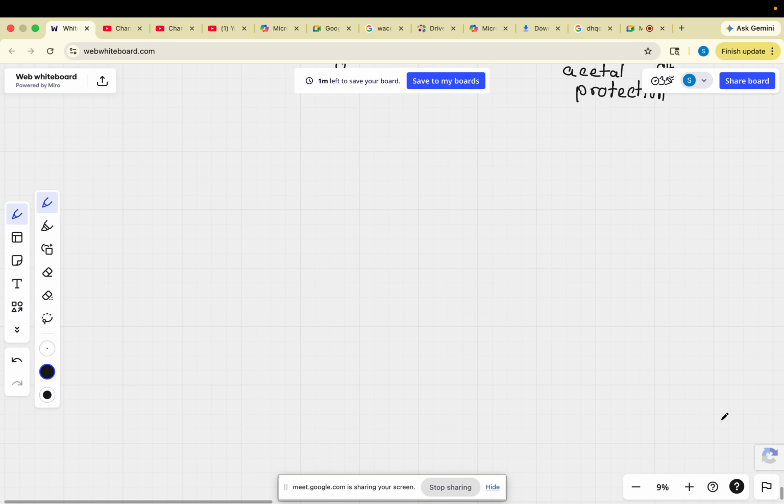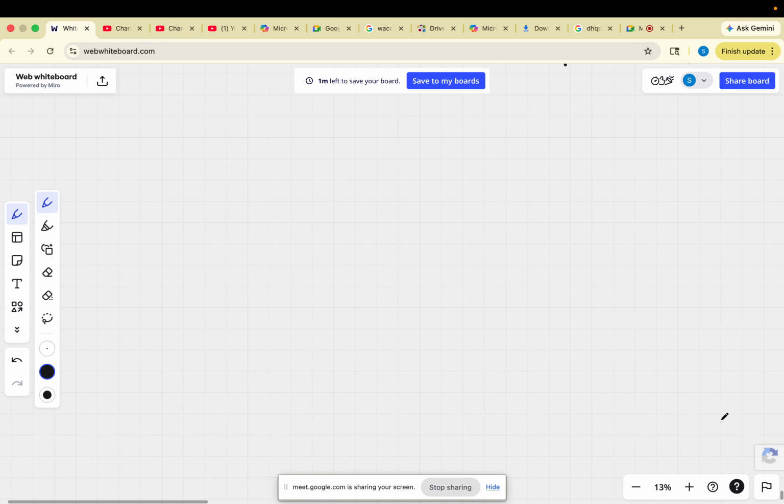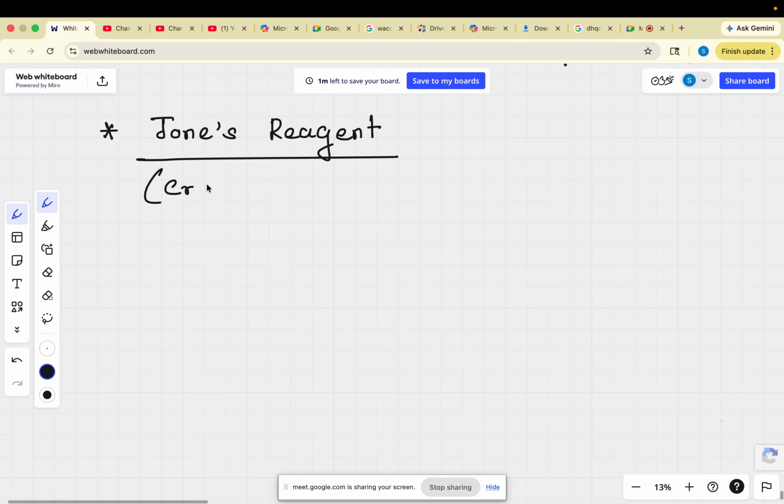Okay, next we have Jones reagent. So what is Jones reagent? Write down again: chromium trioxide plus acetone plus H2SO4, sulfuric acid.